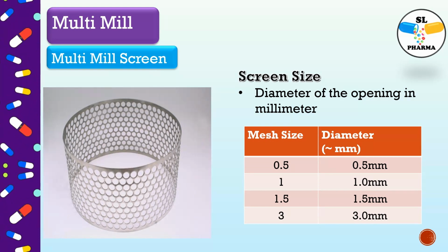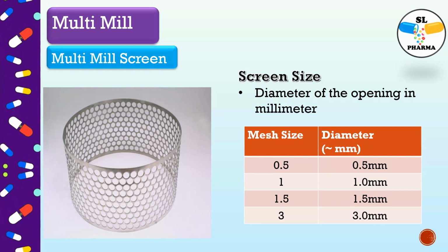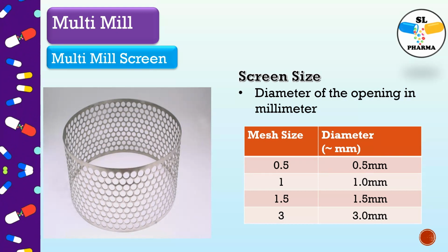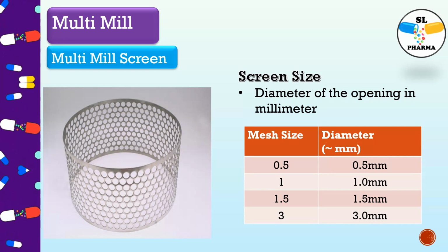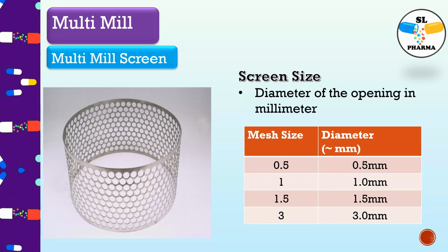Different screens with varying hole sizes can be used to achieve the desired particle size distribution. Choosing the appropriate screen size is crucial for achieving the desired particle size and quality of the milled or granulated material. Diameter of the opening in millimeter is called screen size.